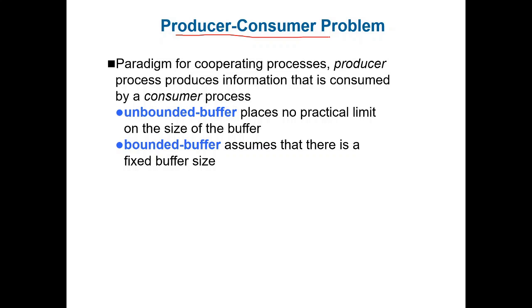So there must be synchronization between these two processes. When the producer produces, then only the consumer can consume. The producer, before producing, needs to check whether there is a space, whether there is an empty slot. If there is an empty slot, then only the producer can add data into it. Even the consumer, before taking out the data, should check whether there is a slot with data.